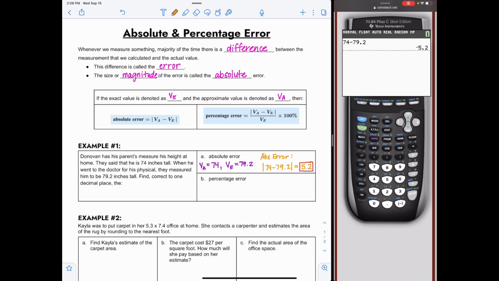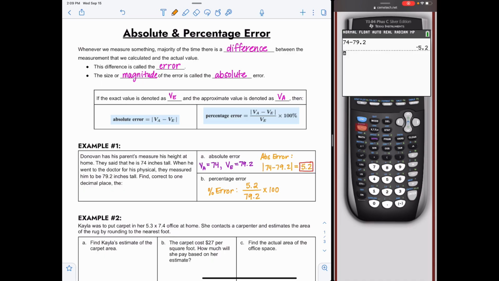So the percent error is going to be 5.2, because that's the absolute error, divided by the exact, which is 79.2, times 100.